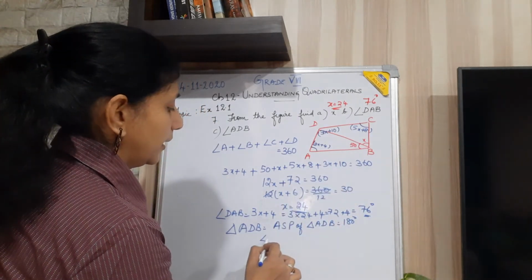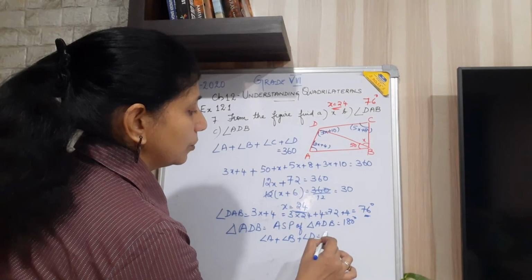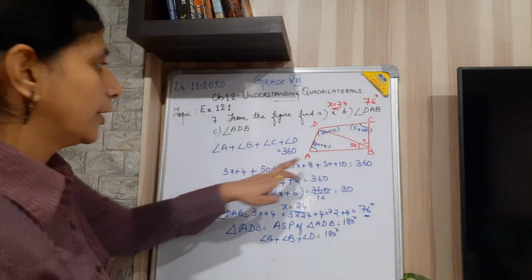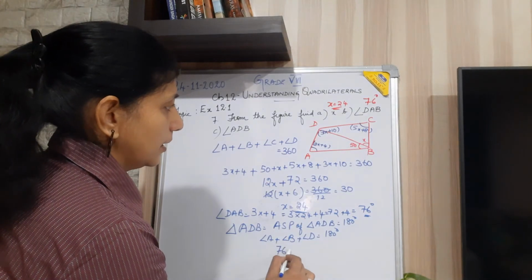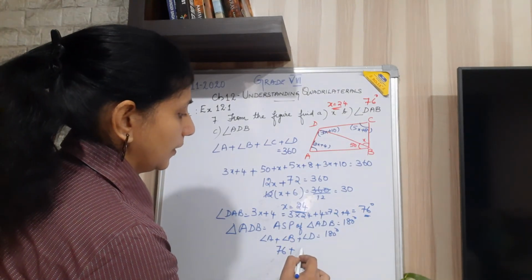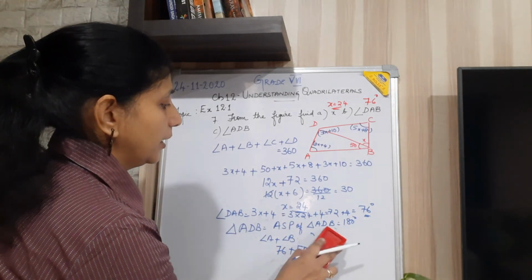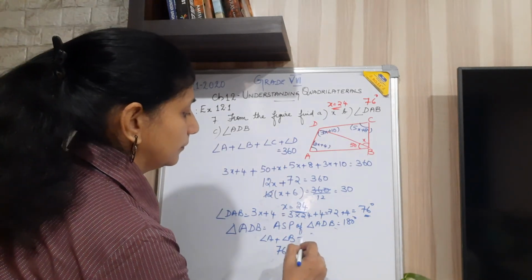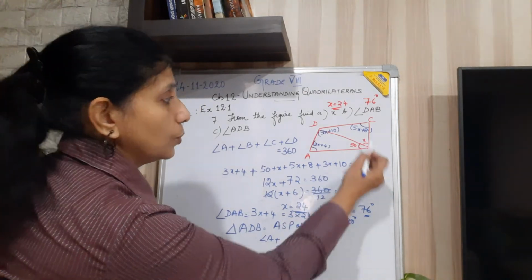So angle A plus angle ABD plus angle ADB equals 180 degrees. Angle A you got as 3x plus 4, that is 76. Angle B here you cannot simply say angle B, because two angles are there.